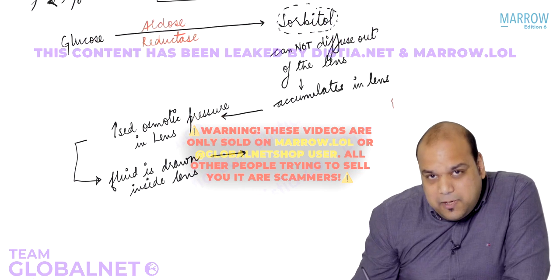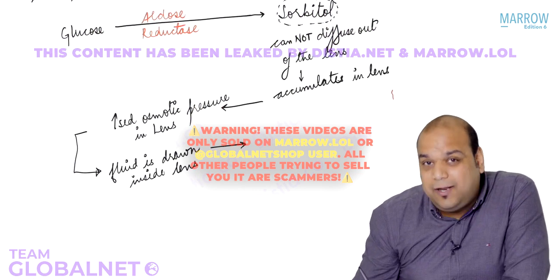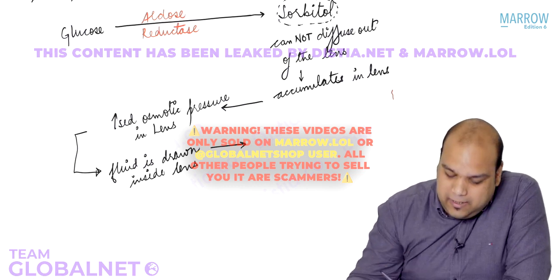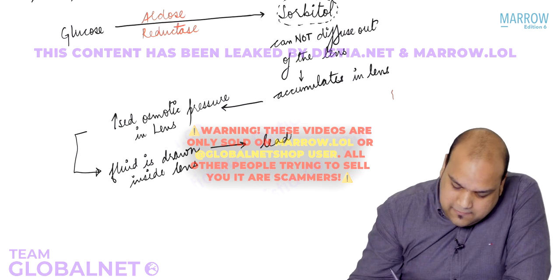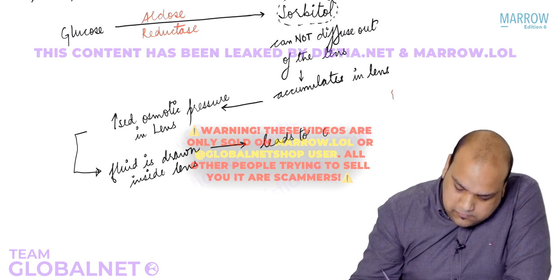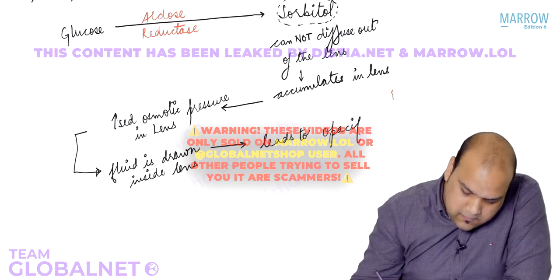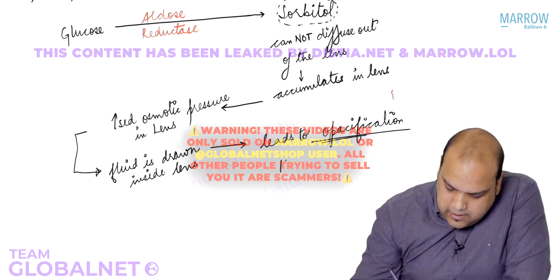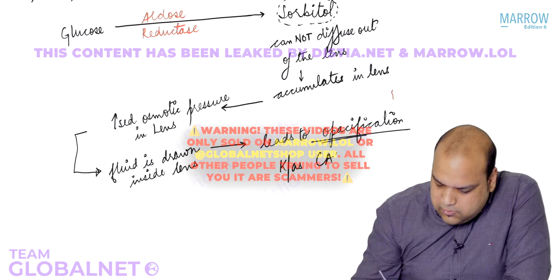My lens was transparent. My lens needs to be transparent. When it draws fluid, it becomes hazy, it becomes opaque. So this leads to opacification, and this opacification, all of us know, is known as cataract.